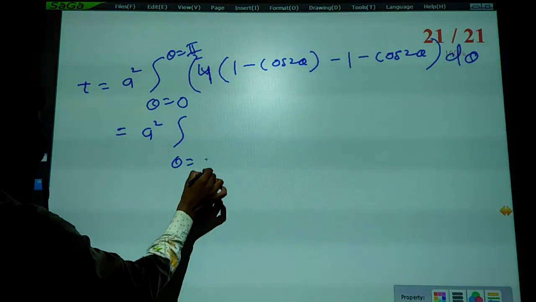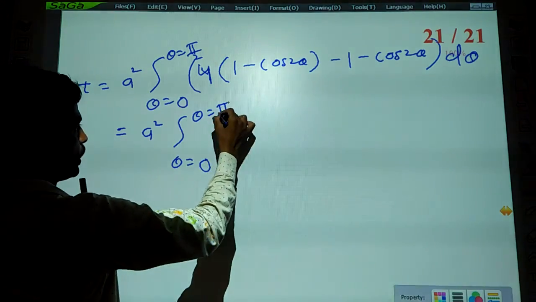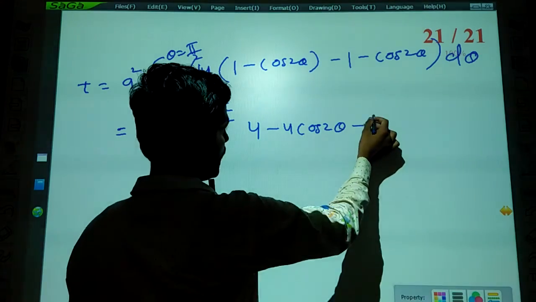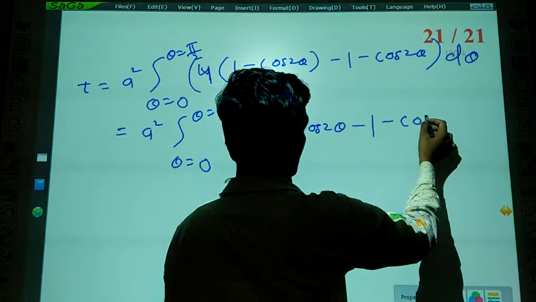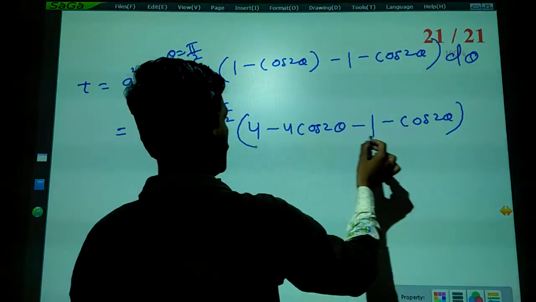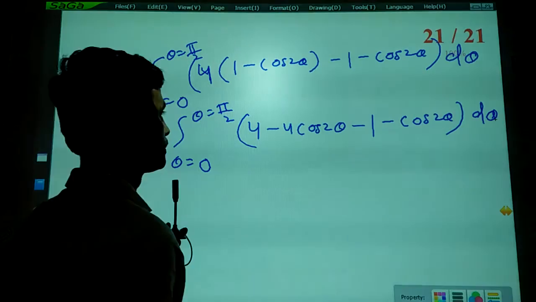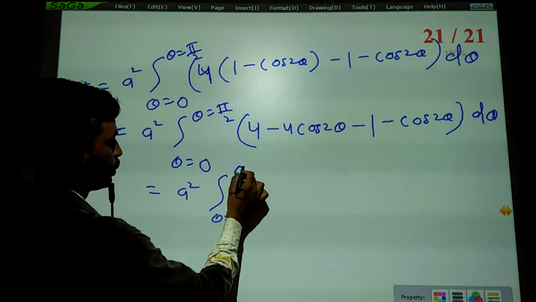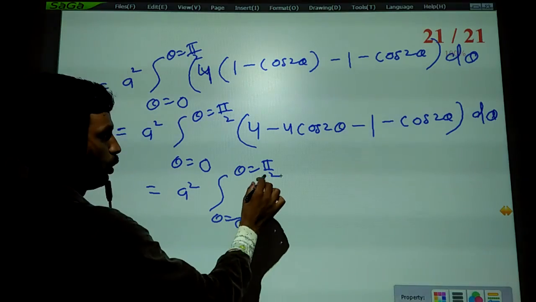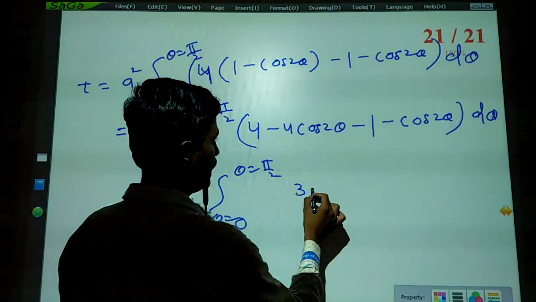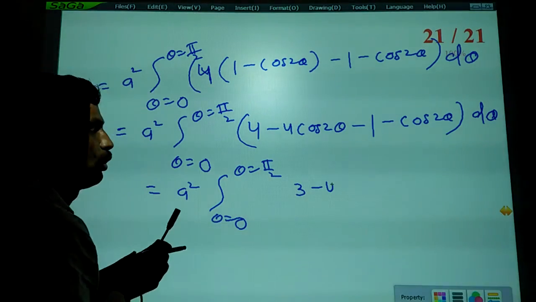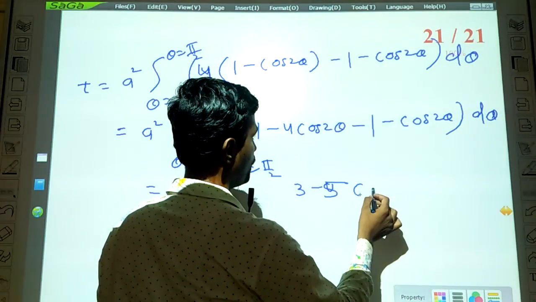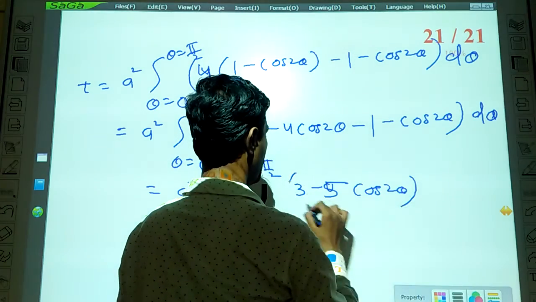A square, theta from 0 to pi by 2, 4 plus 4 cos 2 theta minus 1 minus 2 cos theta. So a square as it is, theta from 0 to pi by 2, 4 minus 1 is 3, and 4 cos 2 theta minus 2 cos theta, that is 5 cos 2 theta d theta.